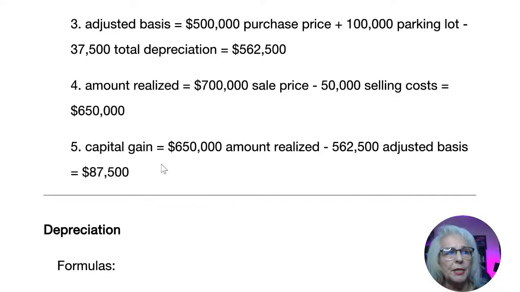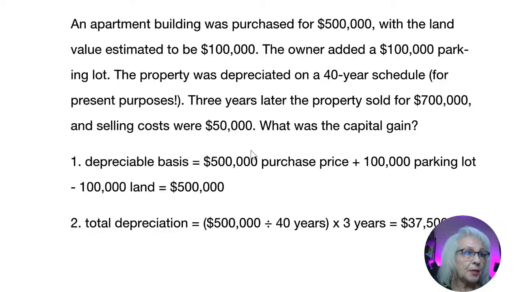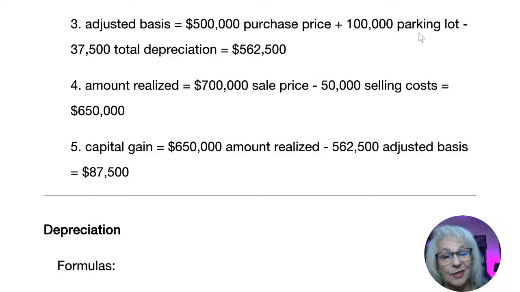So in 3 years, out of a $500,000 purchase, they got 87,500. But then they added a parking lot, and they sold it for 700,000, 100,000 more, but then selling cost and then the adjusted basis, which was deducting the land and adding the parking lot.